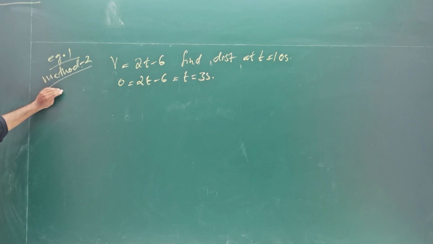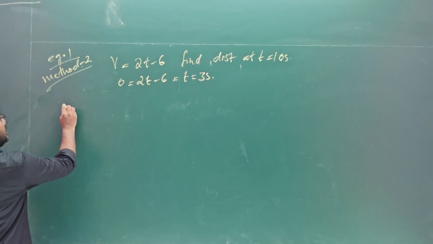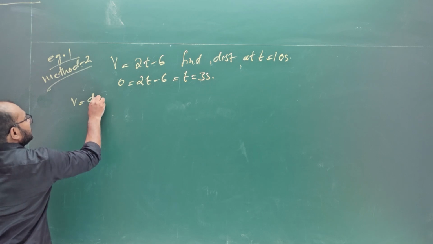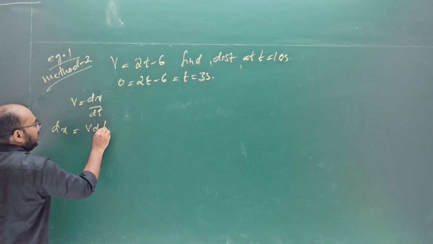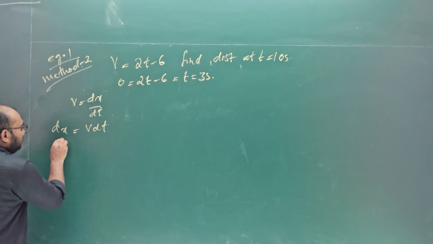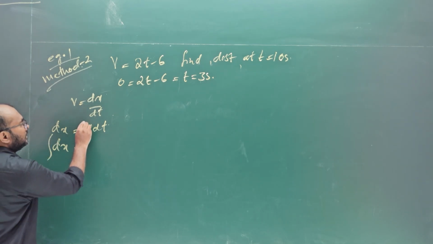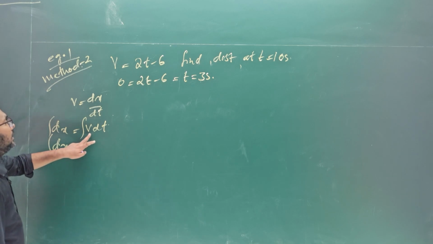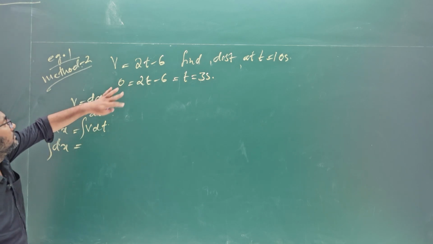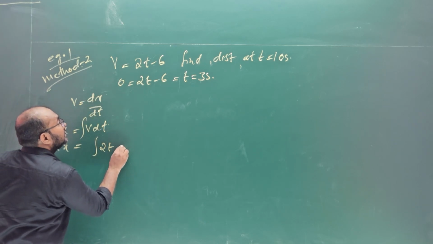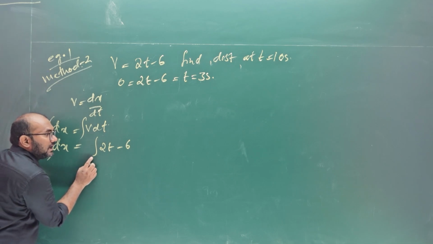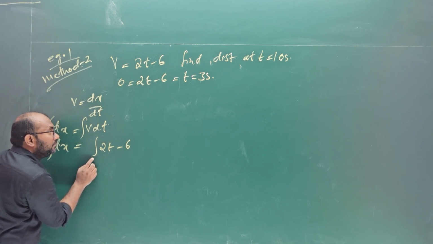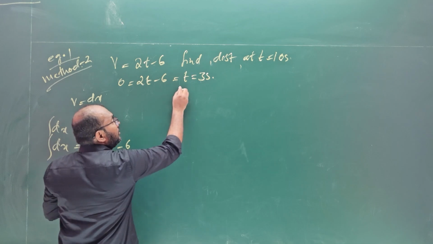Now, we need displacement first. So v is equal to dx upon dt, we write like this, and dx is nothing but v dt. So integrating this, v dt is 2t minus 6. But remember, while substituting the limits for the time, you should know if the object is turning or not.